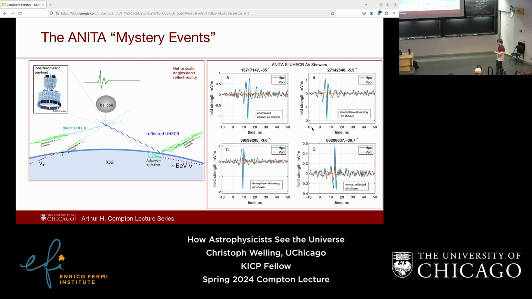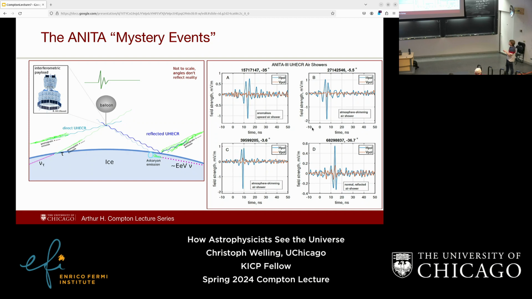What that does is it basically flips the polarity of the signal. So this is what you can see here. This is from a cosmic ray signal that bounced off the ice. This is from a cosmic ray that we see directly because it's just skimming the Earth.